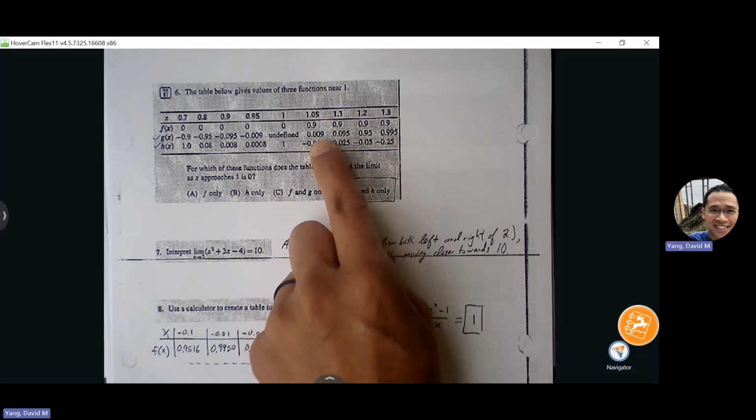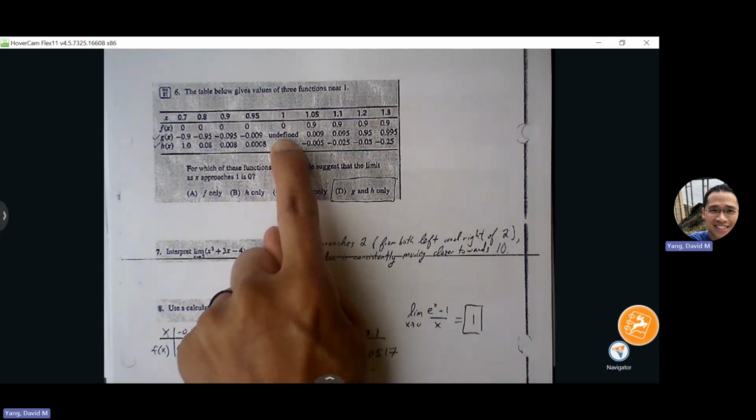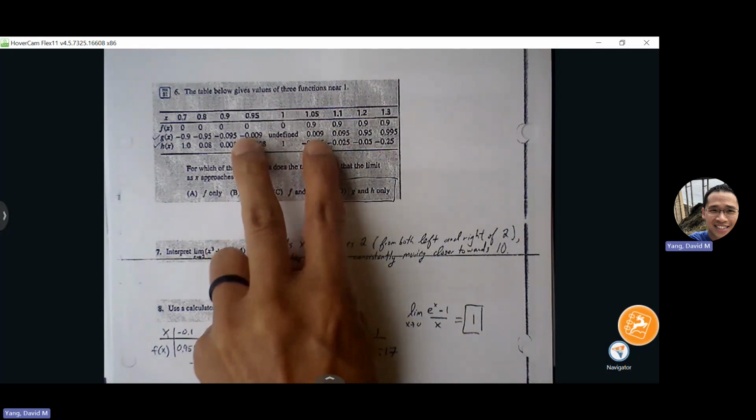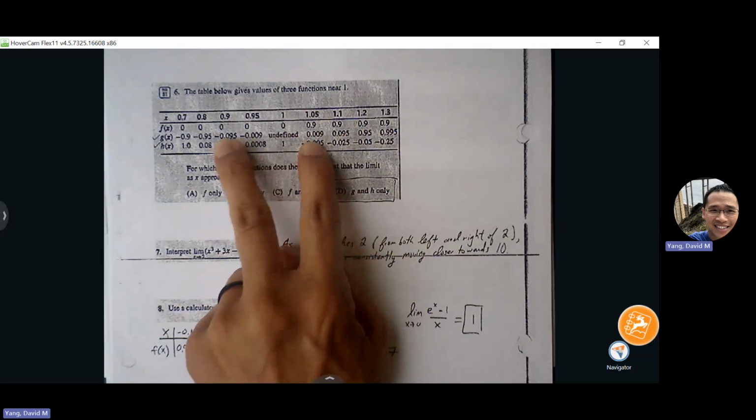These are all y values headed towards zero as well. So the left side is headed towards zero, the right side is headed towards zero. Even though that y value doesn't exist, the arrows are headed towards the same y value. So that's enough to indicate to us that the limit exists, because both sides are giving indication that they're moving towards the same y value.